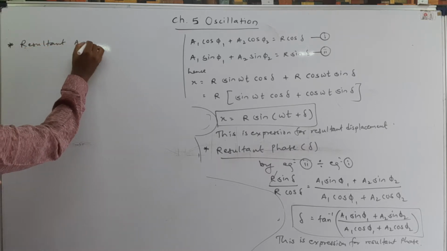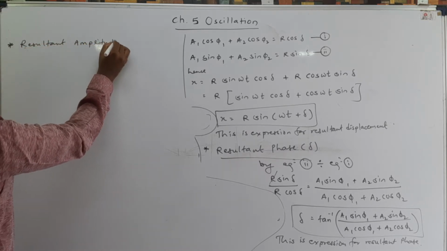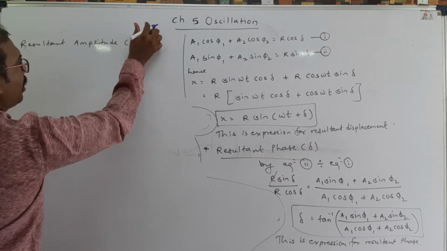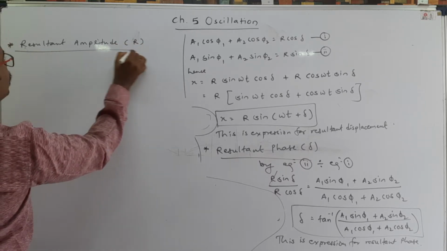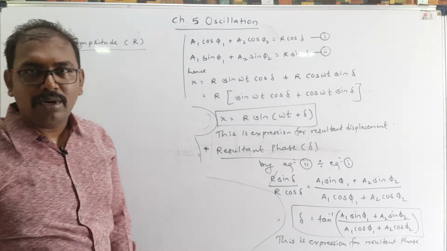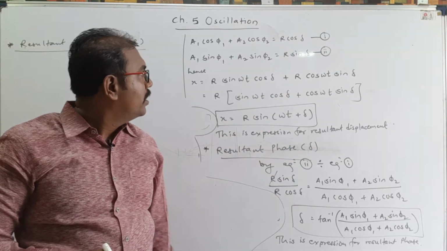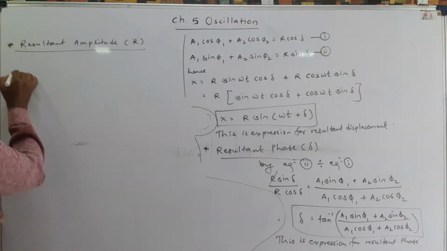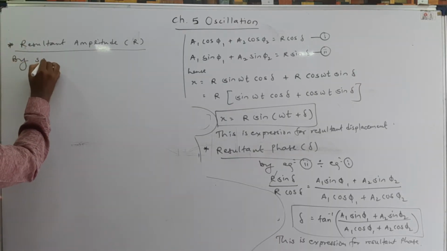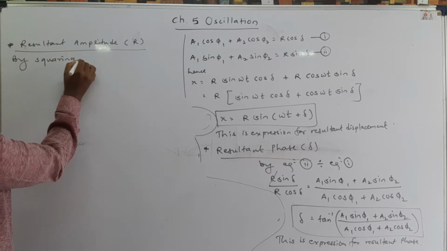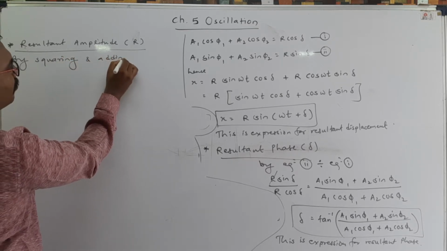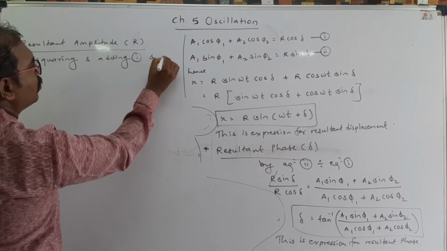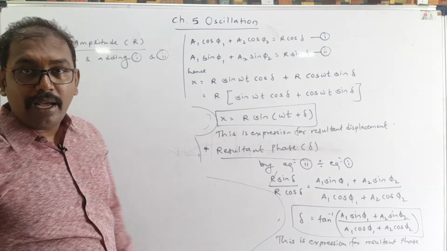Resultant amplitude, denoted by capital R. So, equations 1 and 2. Now I will do squaring and adding of equations 1 and 2. We have to square and we have to add.